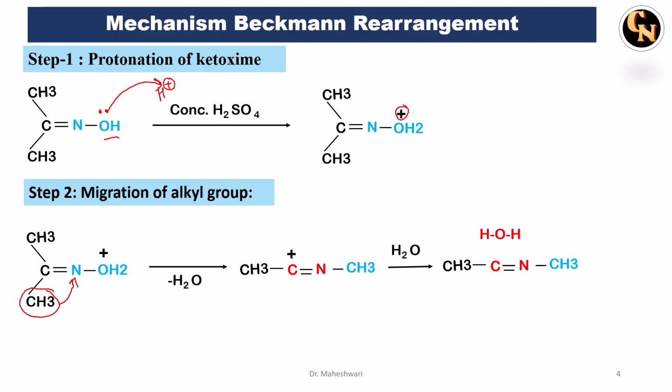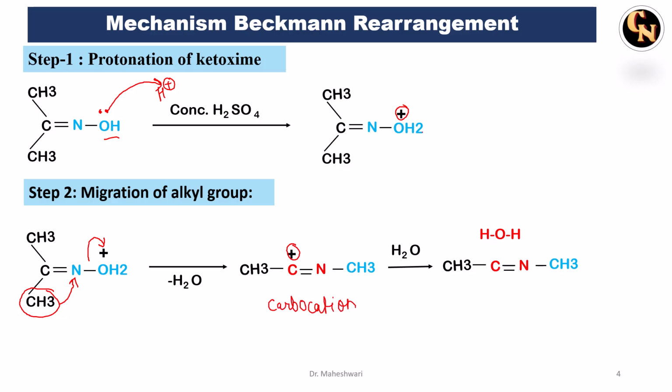While shifting, it removes a water molecule, which gets eliminated to stabilize the positive charge, and you get CH3 C double bond N CH3. Now as carbon has lost one valency, since CH3 has shifted onto the nitrogen, carbon will carry a positive charge. So there is formation of a carbocation.